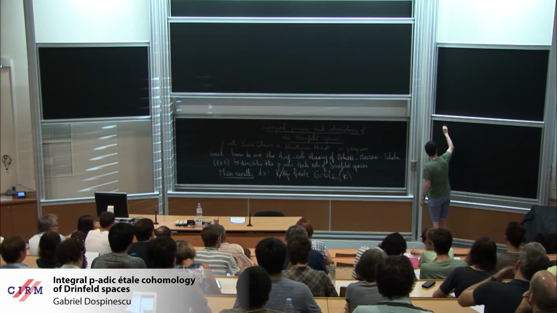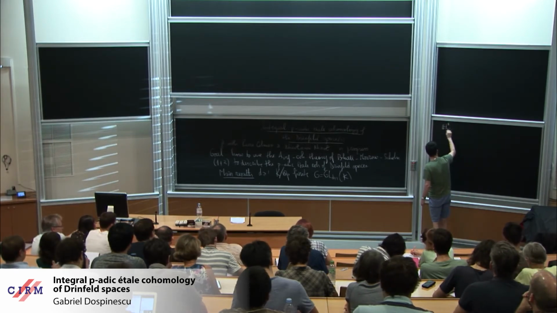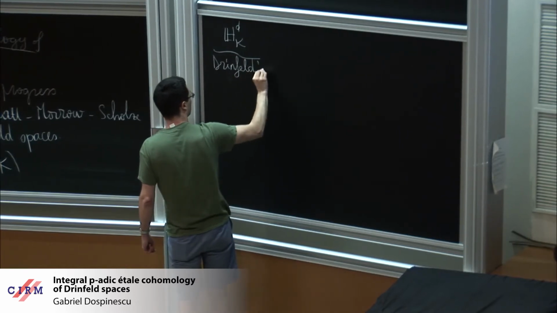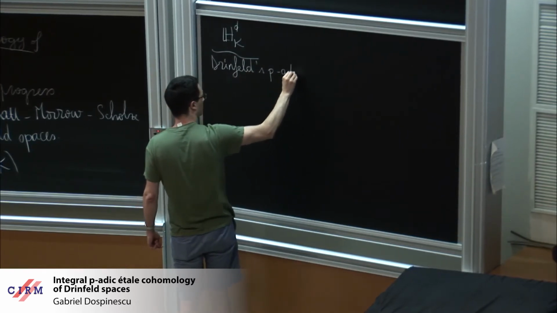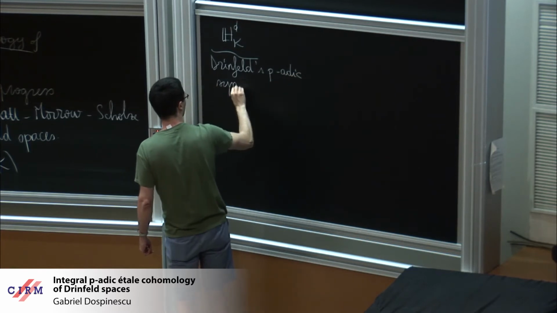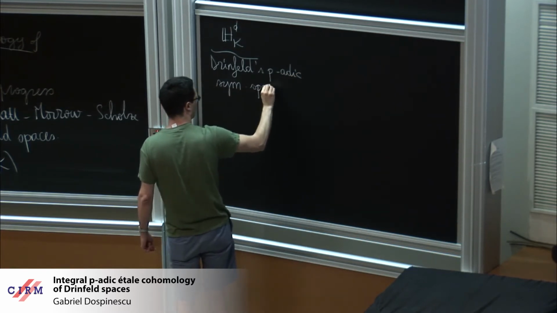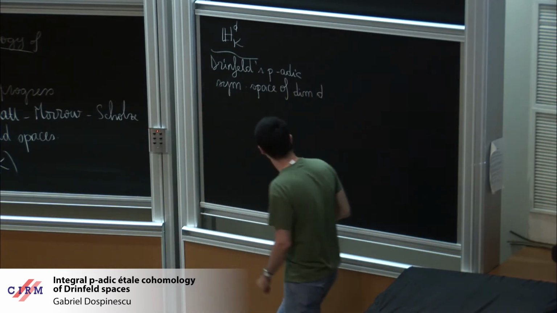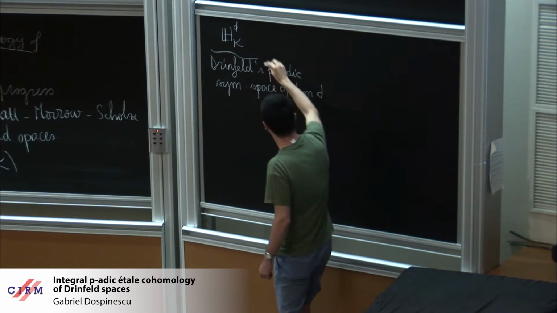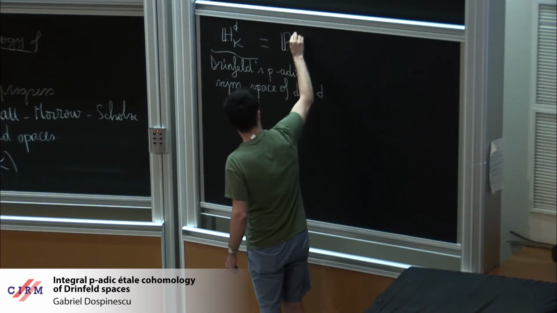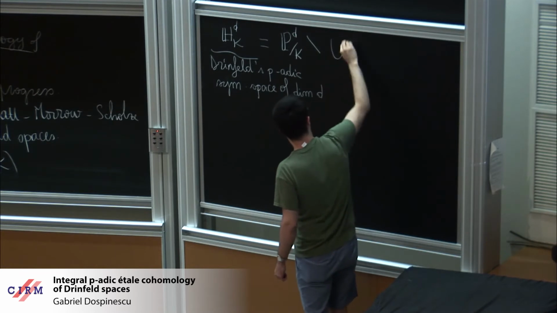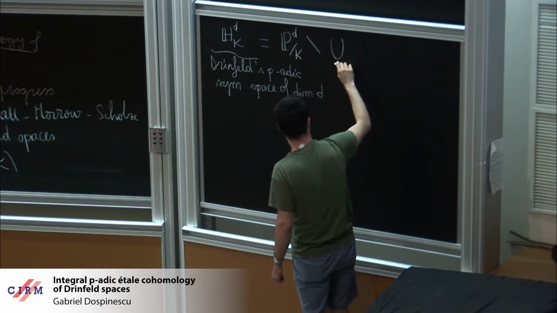So I write H^d_K, so this is Drinfeld's p-adic symmetric space of dimension d. So this is some kind of infinite hyperplane arrangement. You take the projective space over K, which you see as an analytic space, and then you delete all the K-rational hyperplanes.